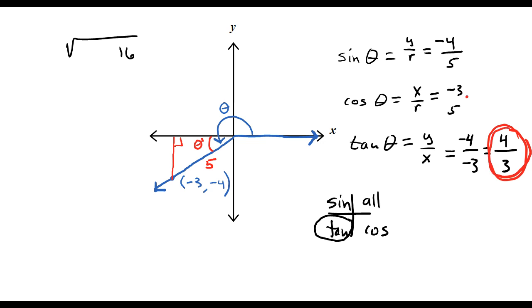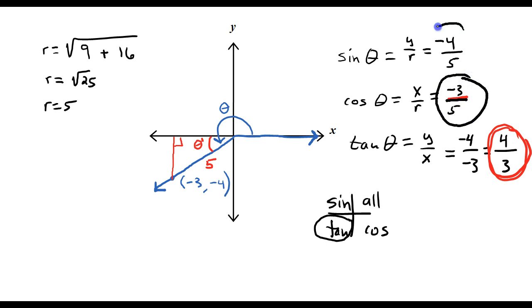So this fraction is negative and this fraction is negative. I found that out by just using the x and y, but I can certainly do a quick check with ASTC to make sure that I did indeed get a negative sine, a negative cosine, and a positive tangent. Okay, so let's move on.